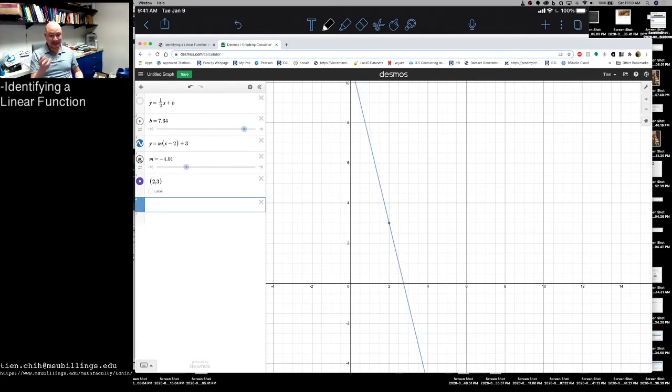We can see as the slope changes, we're getting different lines. So there's infinitely many lines that pass through the same point, infinitely many lines that have the same slope. So what do you need in order to be able to actually pin down a specific linear function?